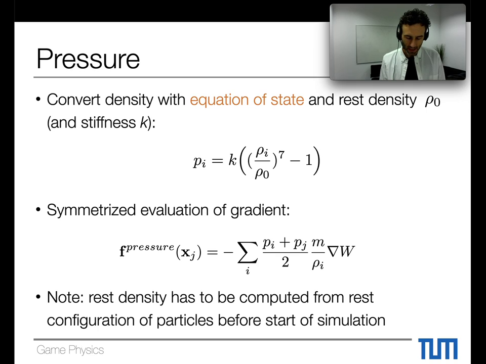And now the slight trick that we have here is that we actually take not just the pressure of one particle, like we had in the regular attribute evaluation, but for the pressure we now take 2 of these and average them. So in this case, it's actually written for a particle j. So if we want to know for particle j, how does a neighboring particle i influence it, then we take the pressure of j and i and we average them.